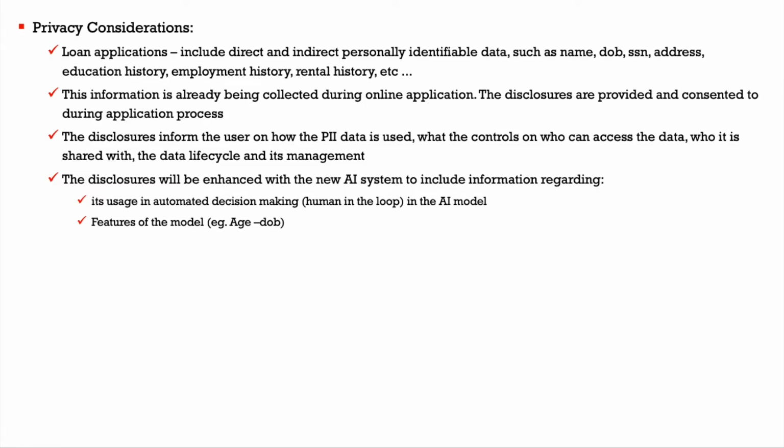The disclosures regarding this are being provided and consented to explicitly during the application process by the end user. Now, these disclosures need to be enhanced with information about the new AI system, basically making sure that we let them know about the automated decision making and the features of the model.